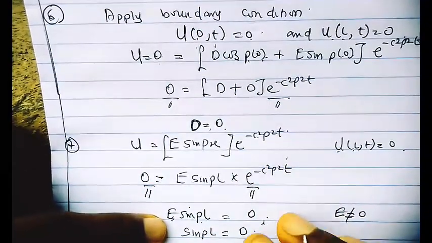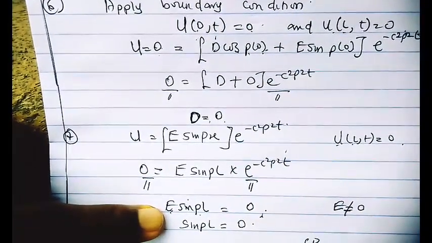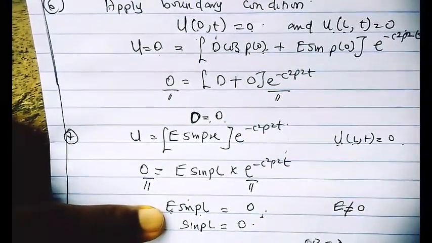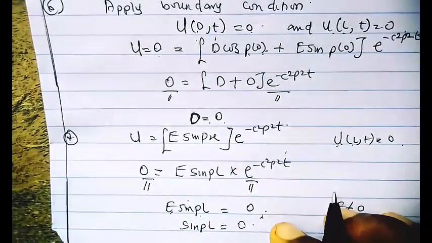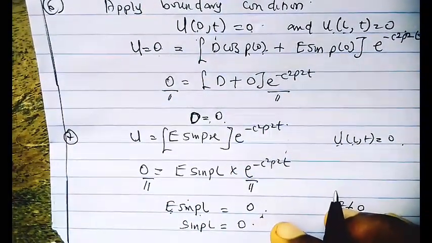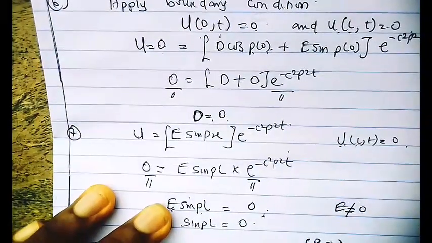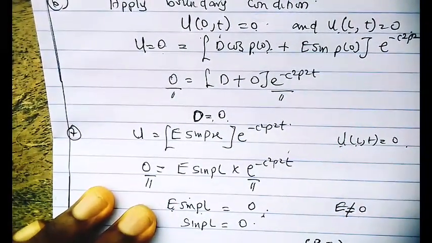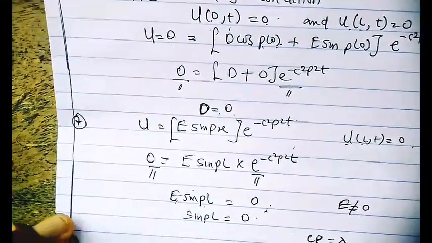Before that, let us assume cp to be equal to pi. Remember, c was from the general form of the solution. Remember, we had c squared, so we assume c times the new constant we introduced to be equal to k.